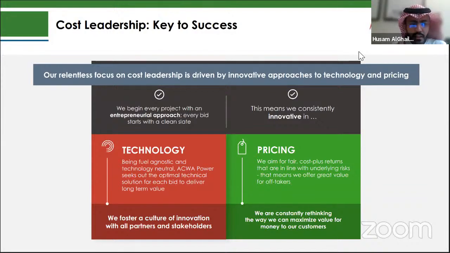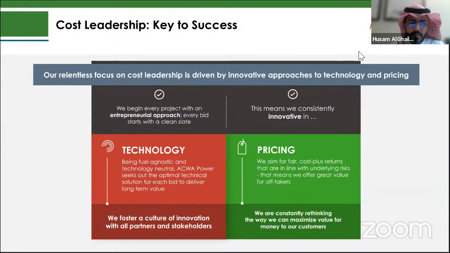For us, cost leadership has been one of the competitive advantages of Aquabor in the market. When we look at it, it's really a combination of both the technology and the pricing. We don't tend to focus on just one part of the equation.